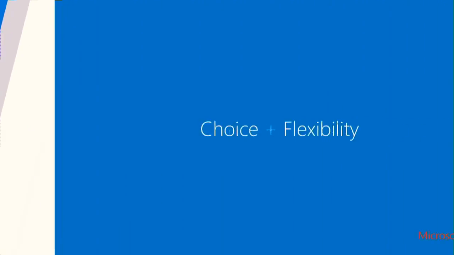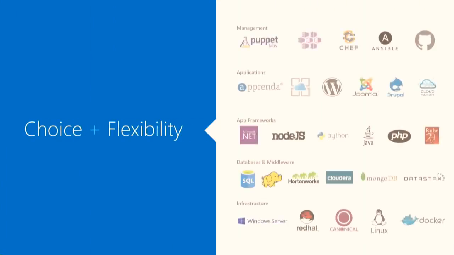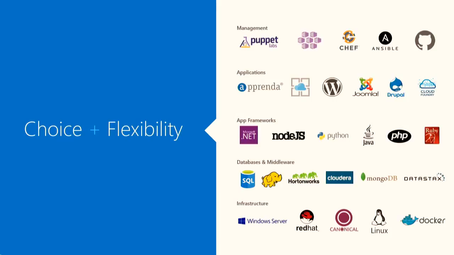So let's start with Microsoft's strategy around open source and Linux. Since we've launched Azure, we've always supported Linux. We started with Ubuntu when we launched infrastructure as a service, and that's grown rapidly now. We'll go through all the distributions we can get, but ultimately, it's about choice and flexibility.